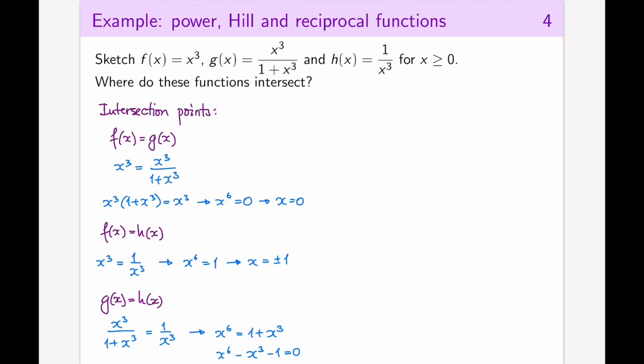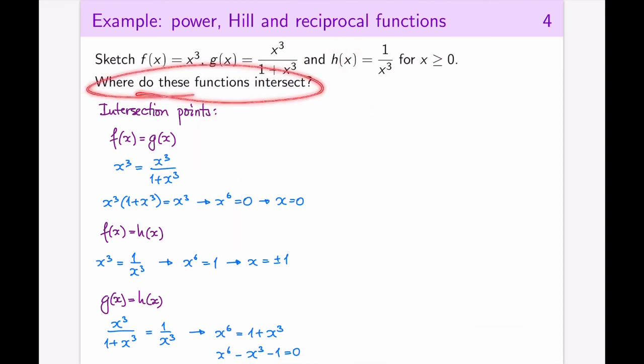Now that we have all this, let's try to put everything together on the graph. We have found out where these functions intersect, so we've actually answered the question that was asked, but let's produce the graph to be comprehensive.